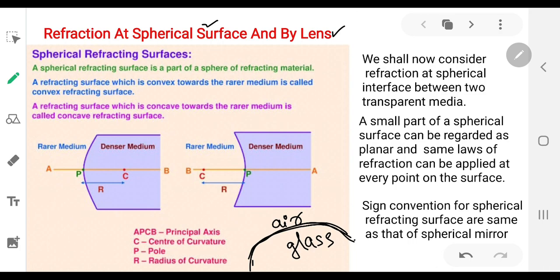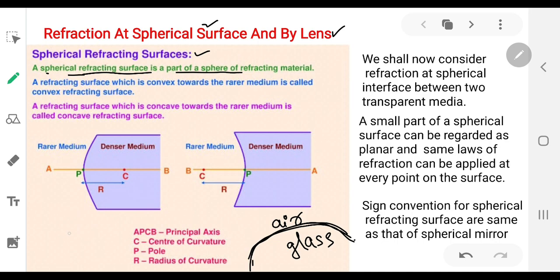Now we shall see what these spherical refracting surfaces are. A spherical refracting surface is a part of a sphere of refracting material.